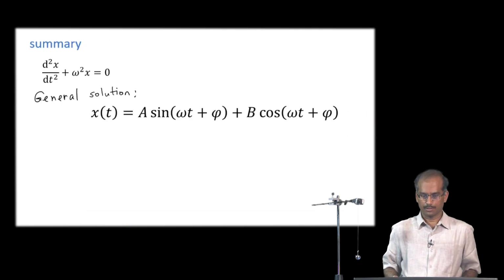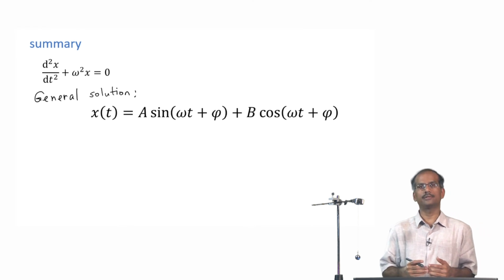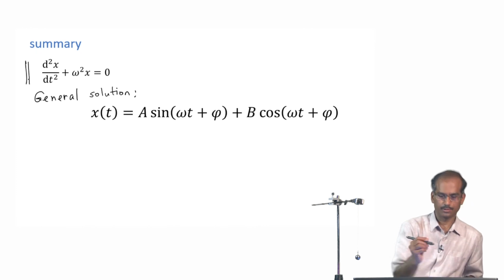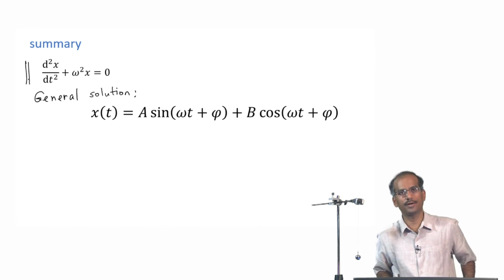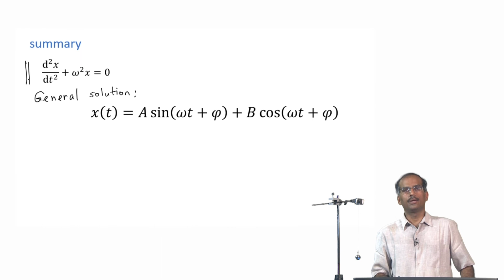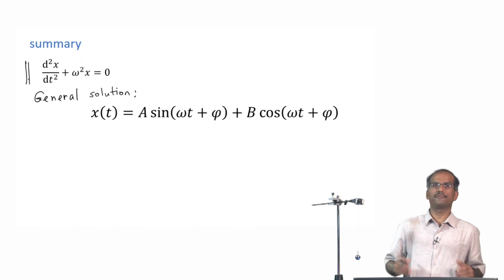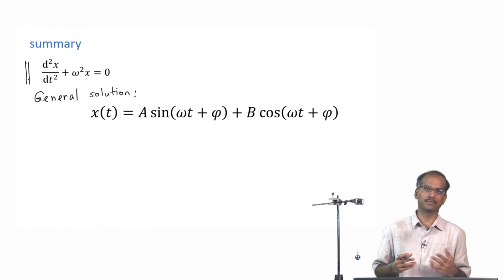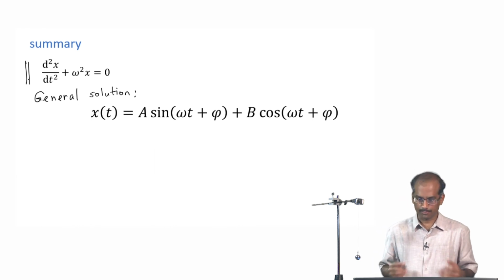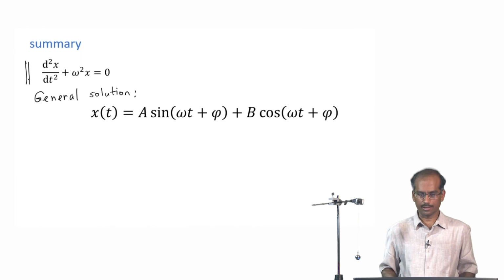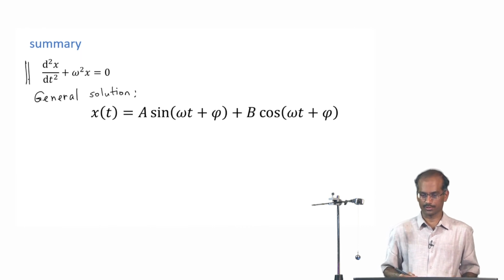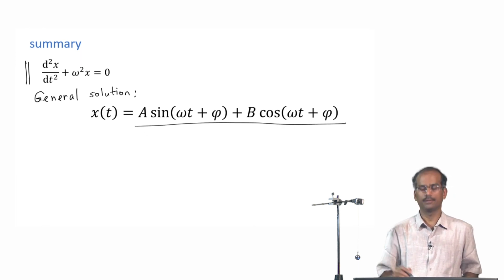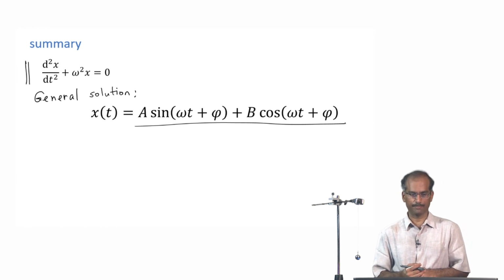Now, to summarize this module, we started by writing down the equations of motion, which is d square x by dt square plus omega square x is equal to 0, and motivated by the physical phenomena of say an oscillating particle, we guessed a solution, we corrected it for the dimensional problems, and the most general solution that we could write down was that x of t is a sin omega t plus phi plus b cos omega t plus phi.